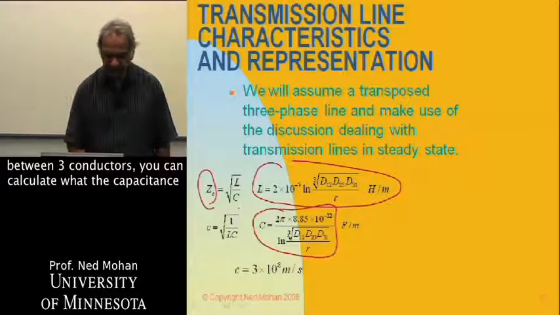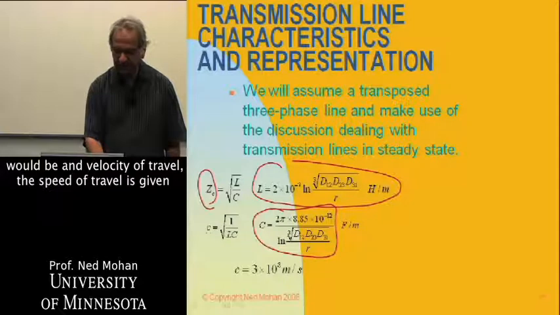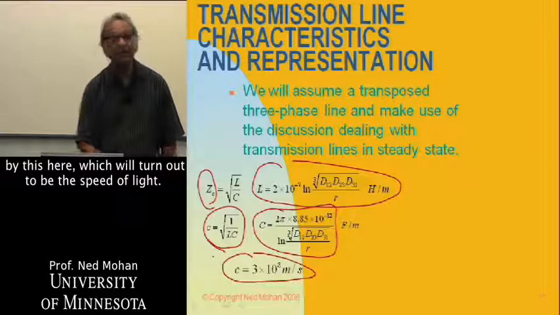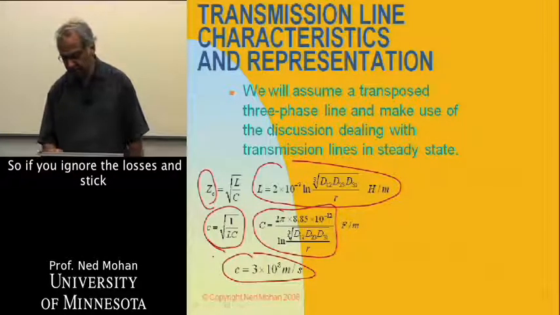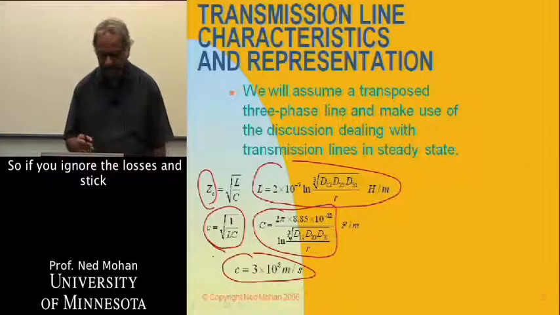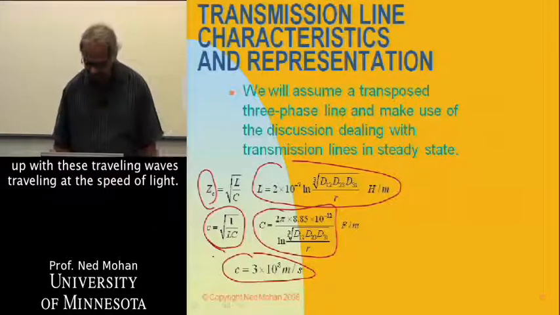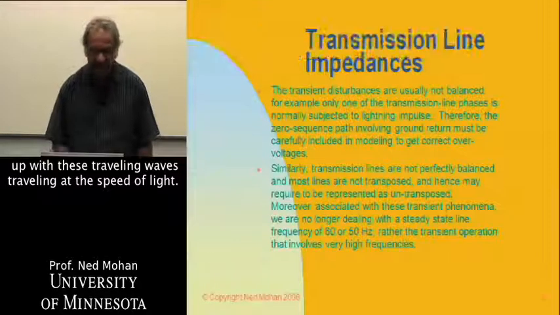You can calculate what the capacitance would be, and the velocity of travel, the speed of travel, is given by this here, which will turn out to be the speed of light. Okay, so if you ignore the losses and stick to this scenario here, you come up with these traveling waves traveling at the speed of light here.